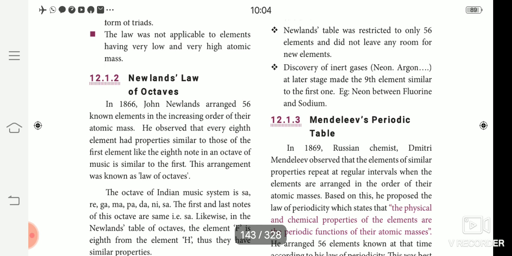John Newlands, in the year 1866, when only 56 elements were known, arranged the elements in increasing order of atomic mass. This arrangement is like the Indian music system, Sa Re Ga Ma Pa Da Ni. Newlands was a very musical man. Every eighth element has similar properties to the first element.